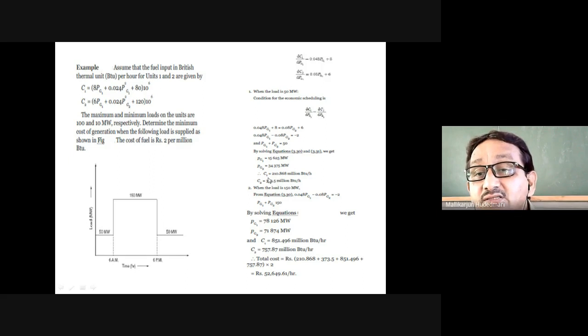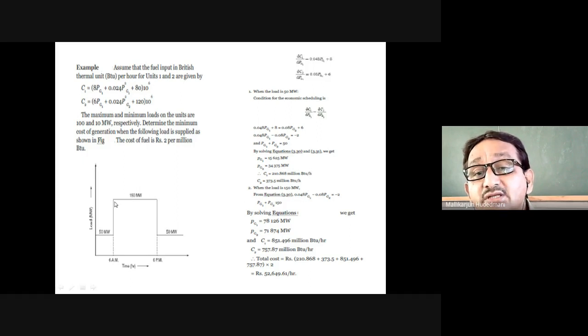See here, C1 equal to the value after substitution works out 210.868 million BTU per hour, and C2 works out 373.5 million BTU per hour. It means when I take this PG1, PG2 over here, it becomes C1 for me. Okay. Then I have C1, C2 respectively BTU per hour values.